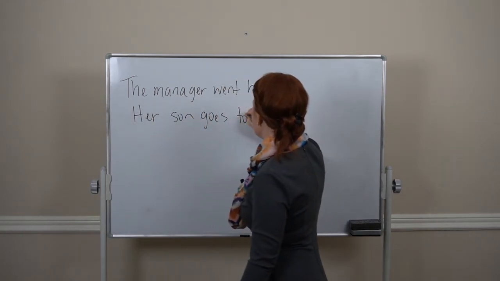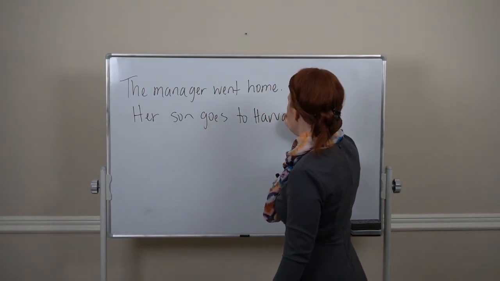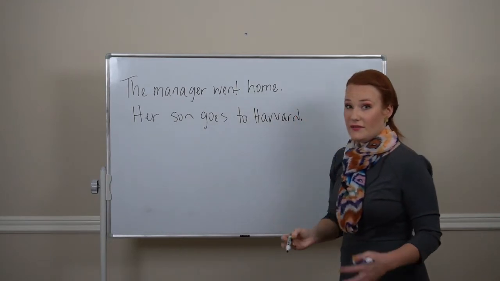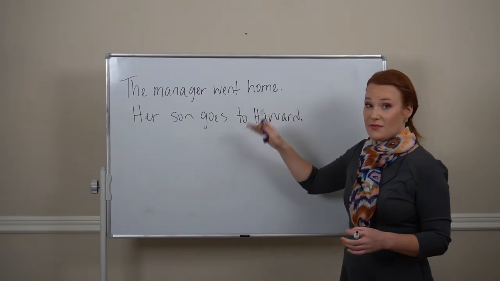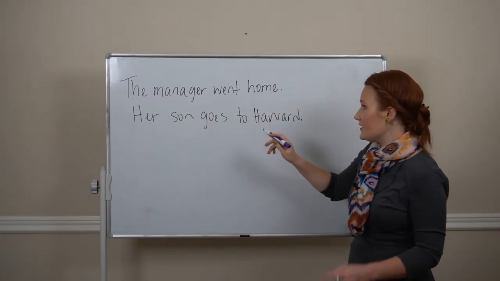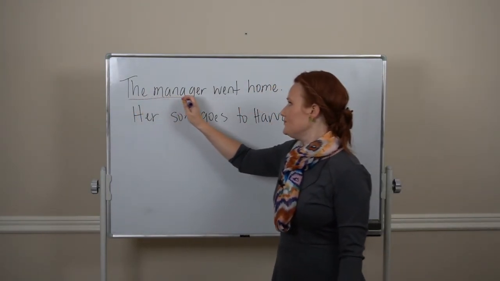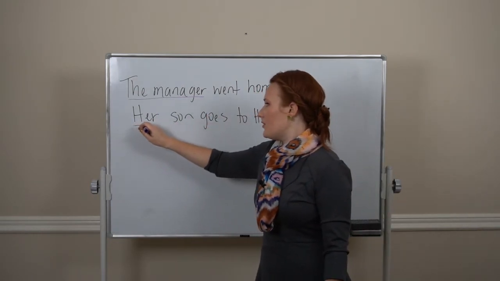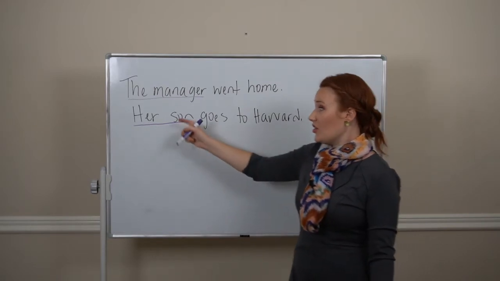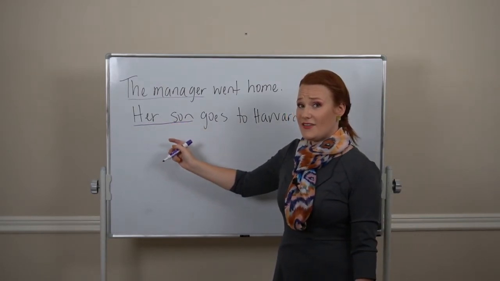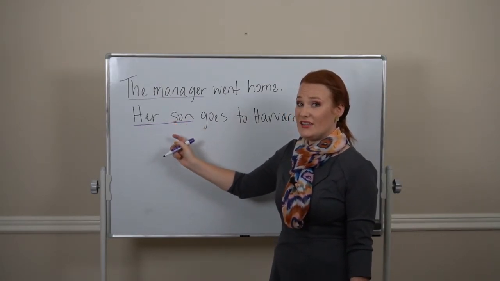Her son goes to Harvard. Okay, so first we've got to find that word that's the same between the first and second sentences. So here I have the manager, and it matches up with her son. So it's not her, but a possessive adjective here, her son.